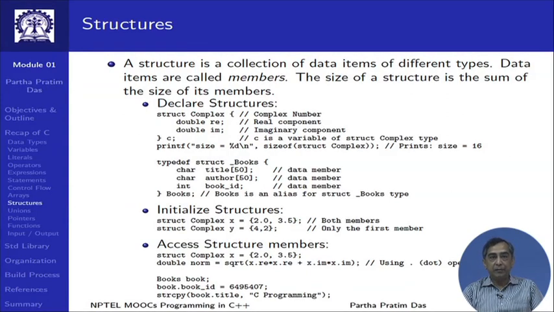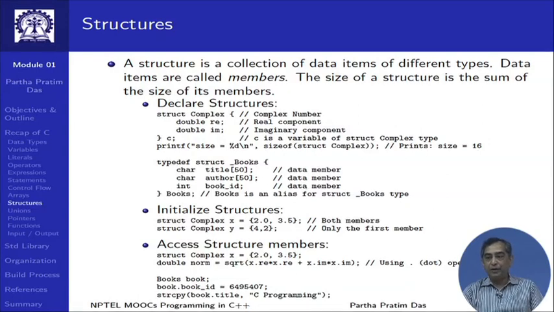So, structures could be used directly by their name, using the keyword struct, or the struct and the structure name can together be given an alias by the use of the typedef keyword. Typedef is a short form of type definition, and as we go into C++, we will talk more about why typedef actually is not a type definition.